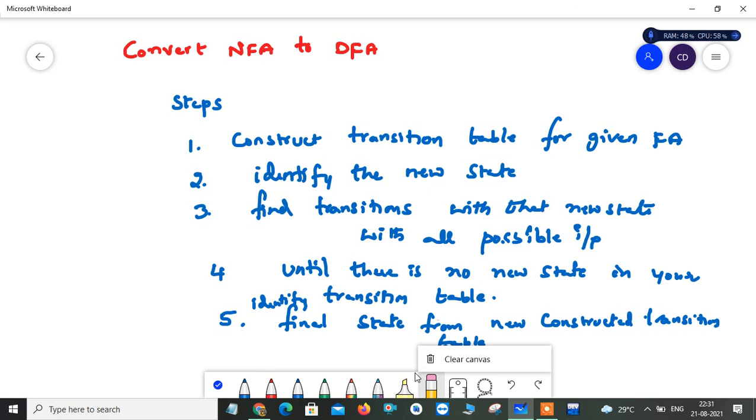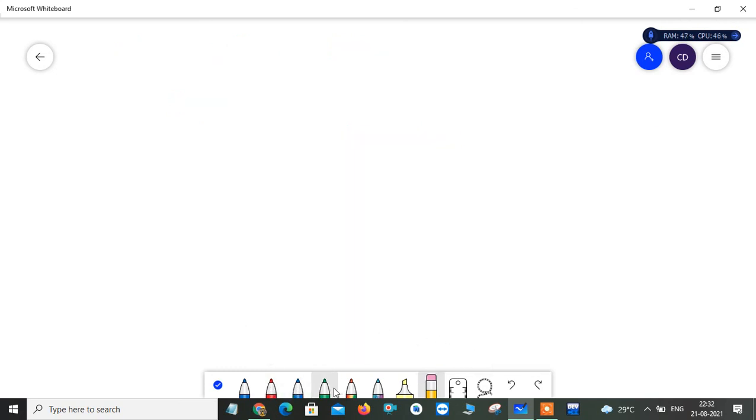So now we'll move on with an example. We follow the steps and try to construct an equivalent DFA for the NFA.